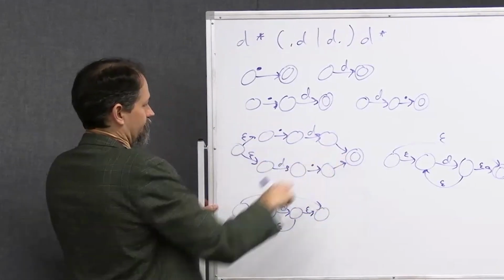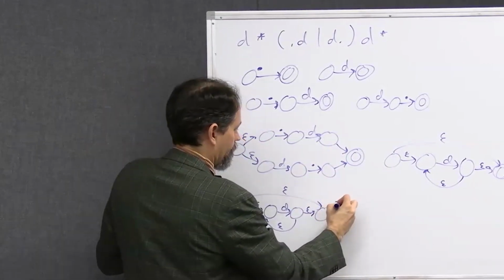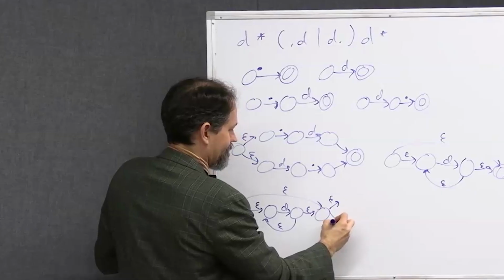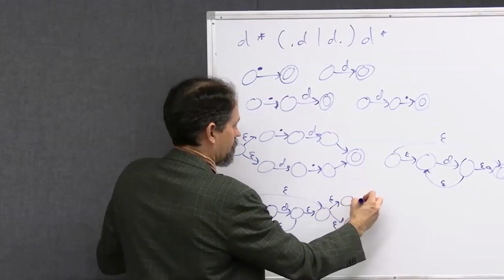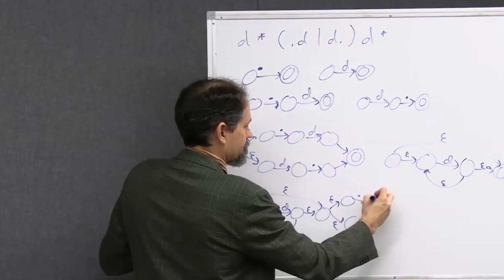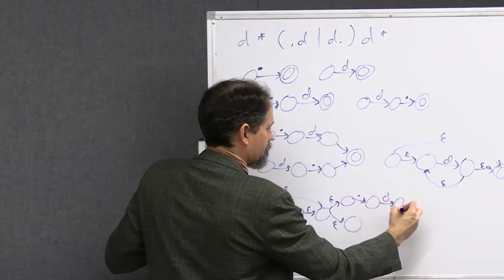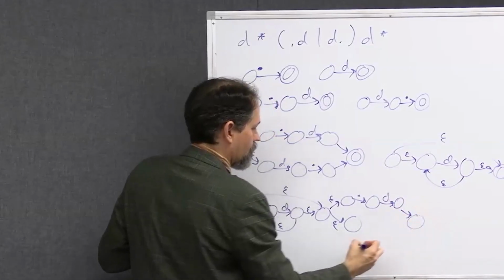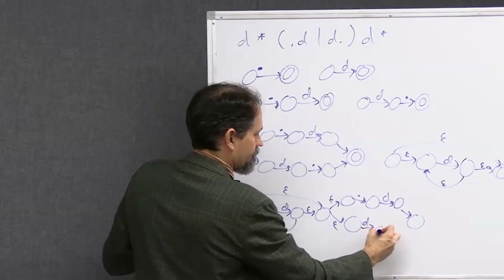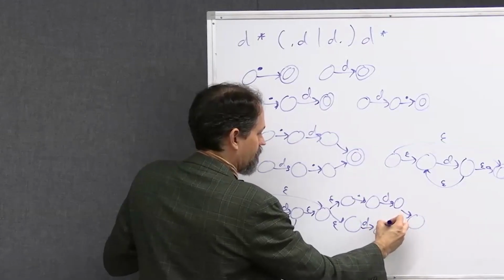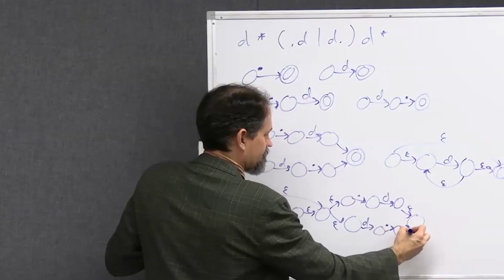Here we'll have the part from the middle, so I just bring this down here. Epsilon, epsilon, dot, D, or we can have a D followed by a dot, and these are epsilons.